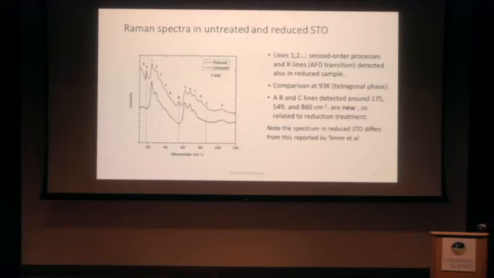We observe the same peaks in both samples, but additionally, for the reduced sample, we see new lines noted A, B, and C. We can point out that our spectrum is completely different from that reported by Tene and co-workers 10 years ago.